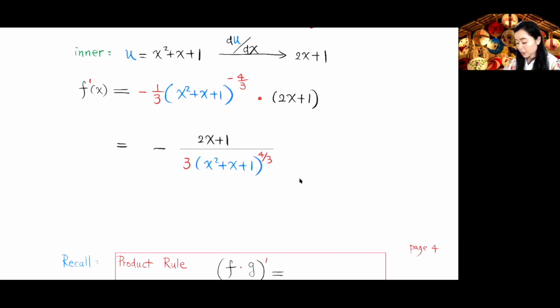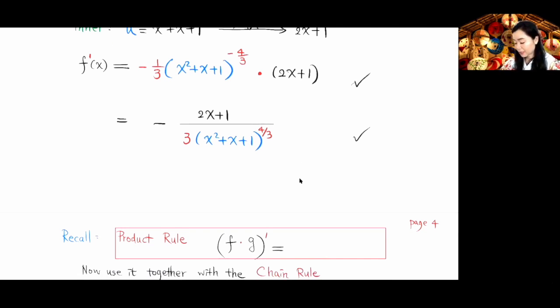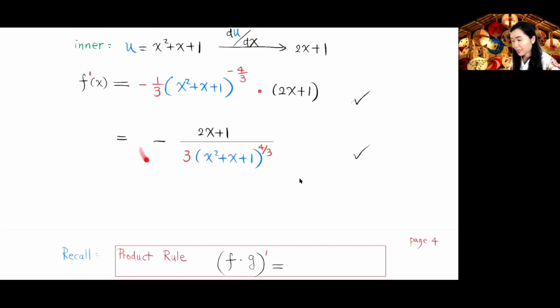Because the negative exponent means reciprocal, you put this to the 4/3 power in the denominator. Both of them should be right. Both of these are equivalent. I will accept both this one and this one, but this looks better with a positive exponent. You got it?